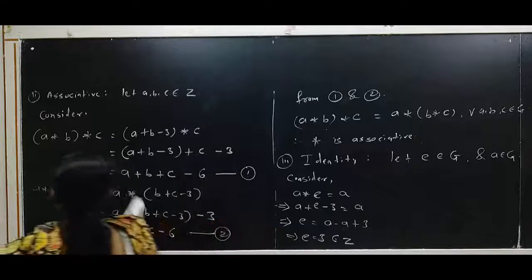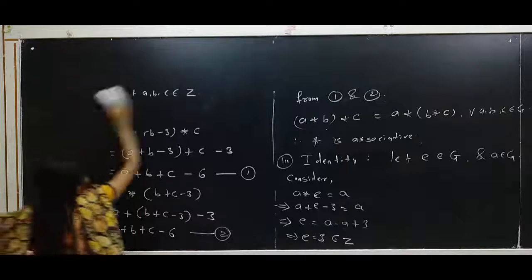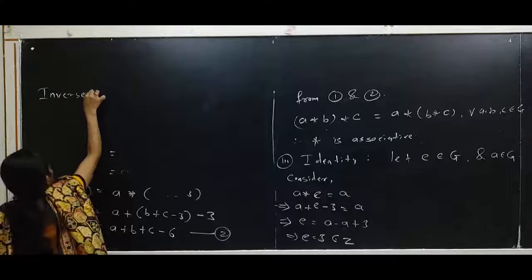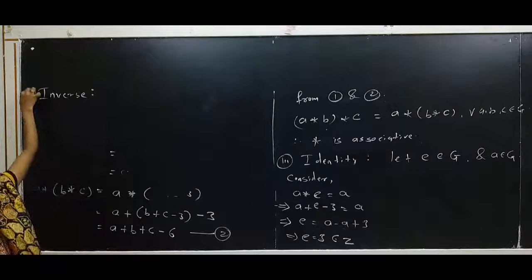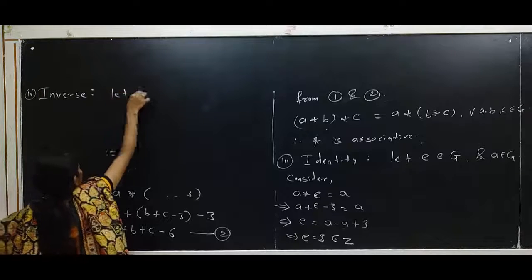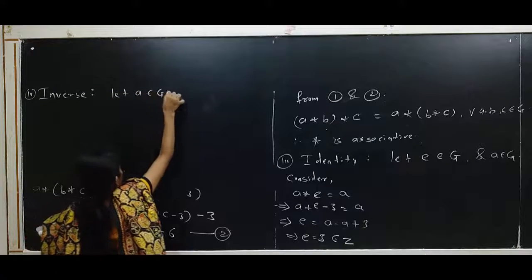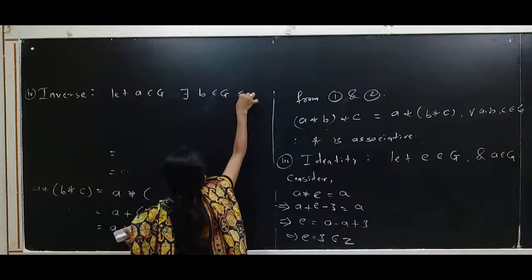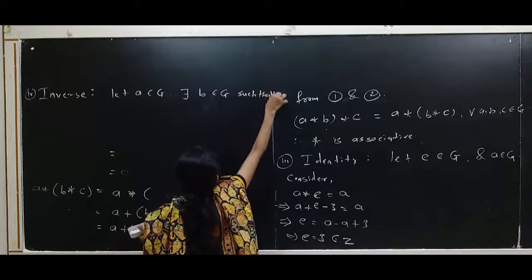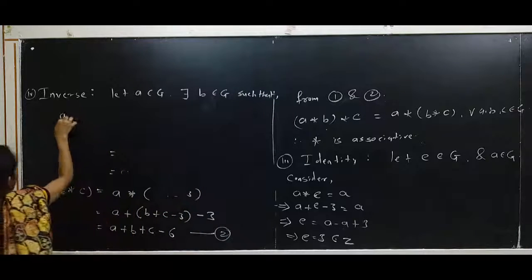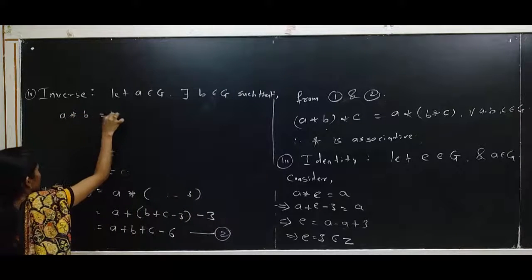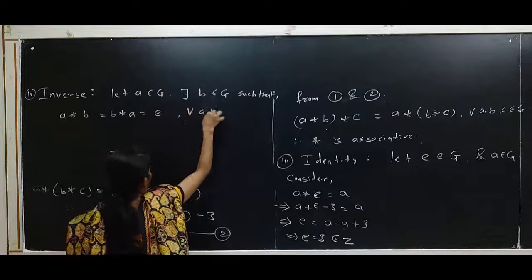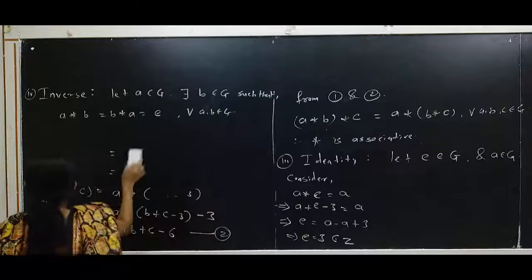Okay. Now next, fourth, inverse. Let A belong to set G, there exists B belonging to G such that A star B is equal to B star A is equal to E for all A, B belonging to set G. Okay.